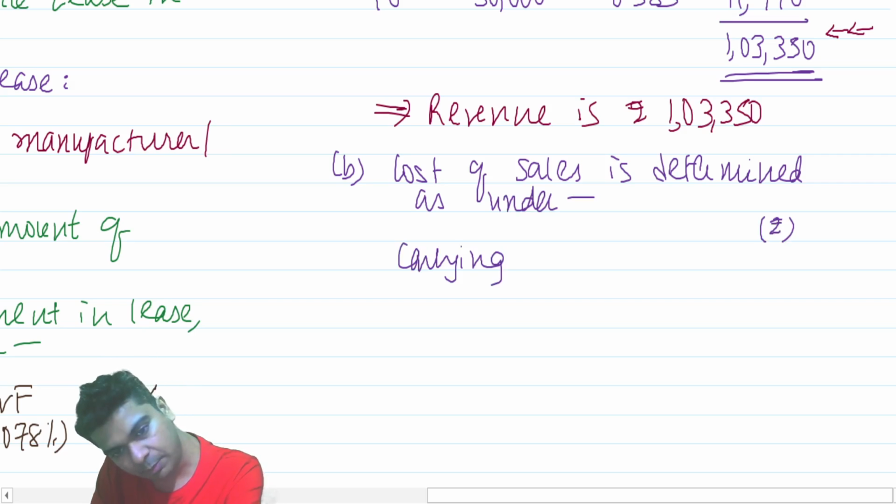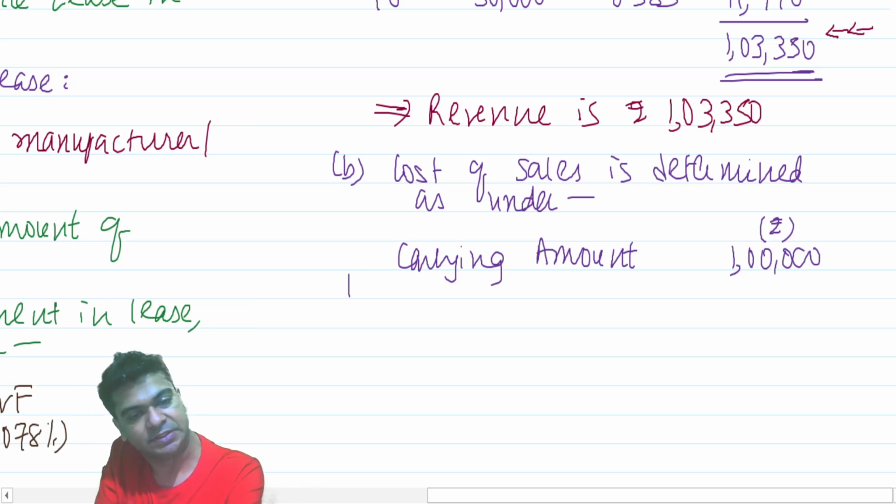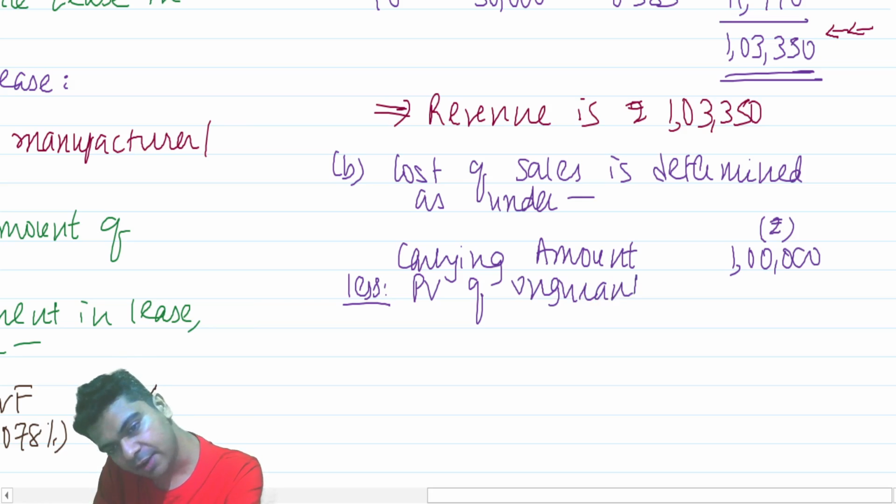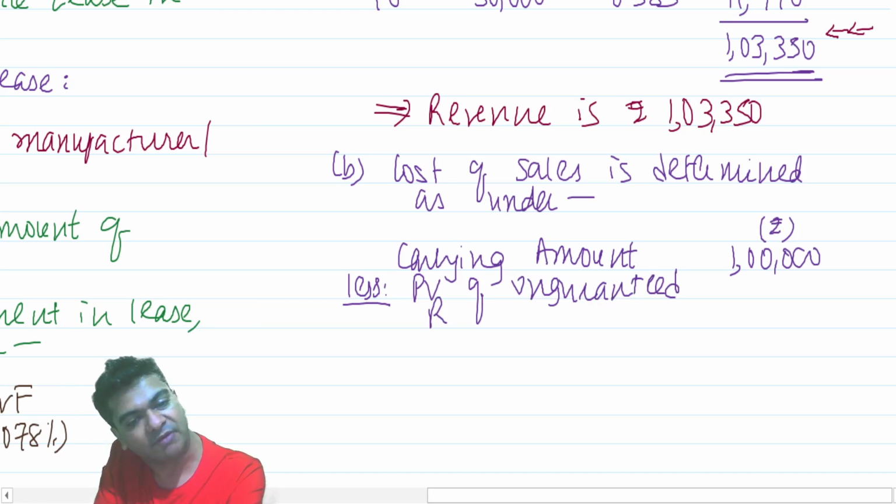We say carrying amount 1 lakh less present value of unguaranteed residual value.